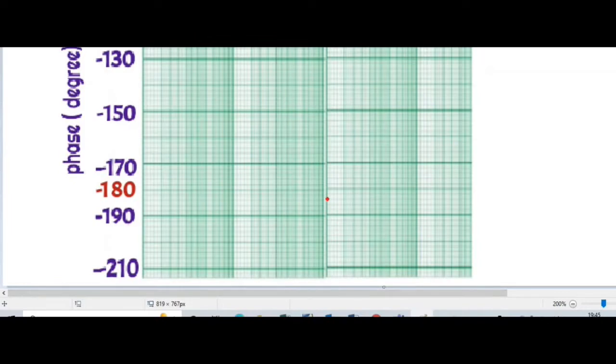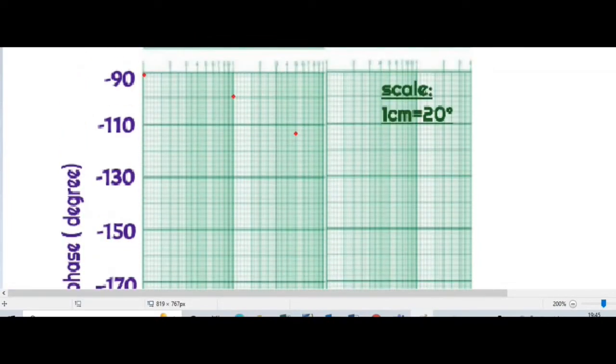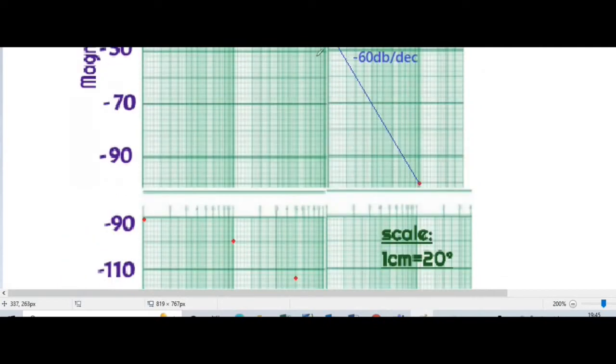So you can plot the next point for the next corner frequency with its phase angle. Now we will join these angles. So these points we have to complete. So I will select the blue color, a different color, to join these points.